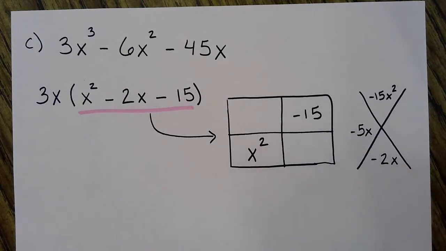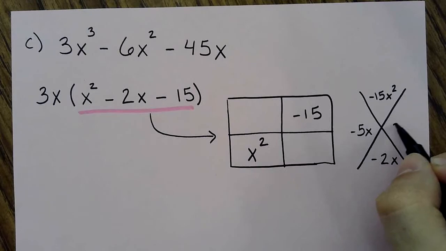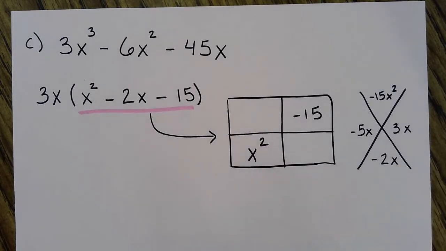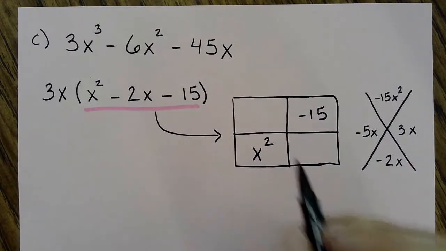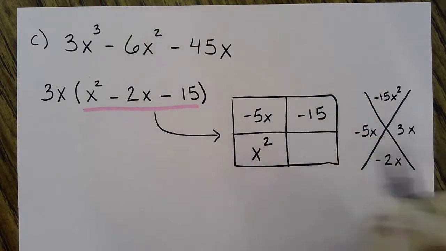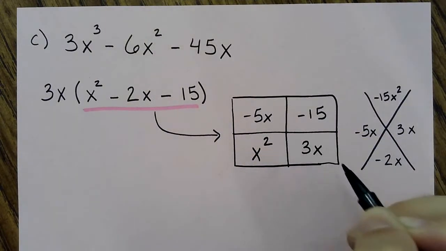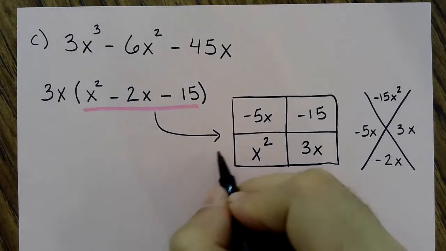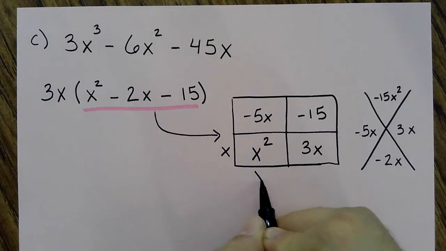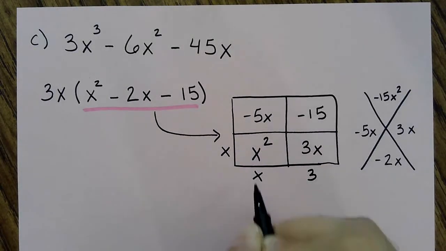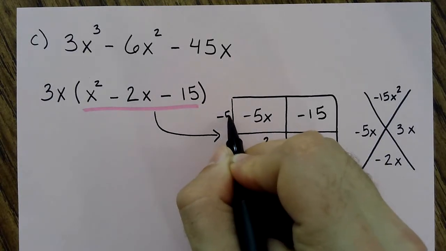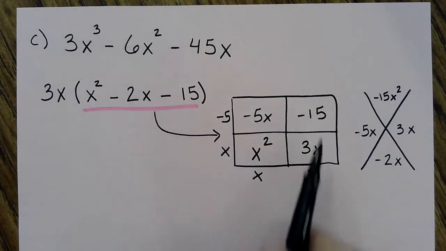Negative 5x and 3x. And we find our dimensions. If I pull out an x, this is 3, this is negative 5, and I'm just going to check to make sure those make negative 15.